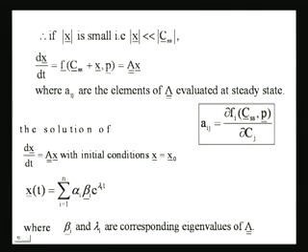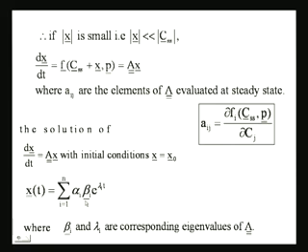I hope you agree with me on this, and I hope you remember this also. This is something that we'll need all the time: if dx/dt equals Ax, then x is given by this form, alpha i beta i e to the lambda i t, where lambda i are the eigenvalues of the system given as Ax equals lambda x, and beta i are the eigenfunctions.